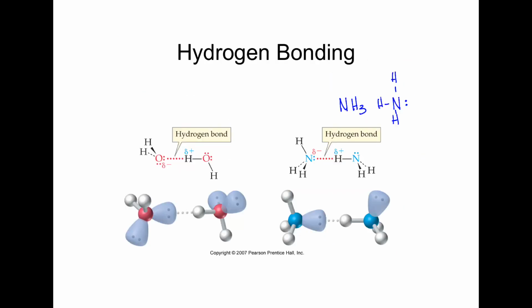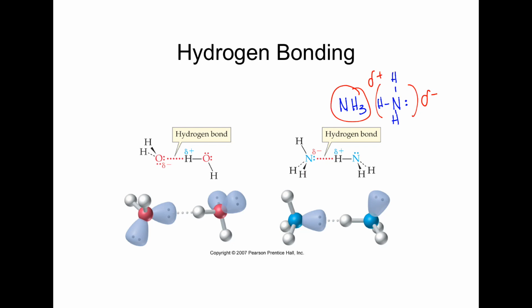Now, I know not many molecules can do hydrogen bonding. Water can do it, and that's a really common molecule to us, so it's a good example. There's another one that we've seen a lot of, NH3, that's ammonia. We've drawn the Lewis dot structure for it many times. And when you look at its Lewis dot structure, it has a negative side and it has a positive side. It's a polar molecule.